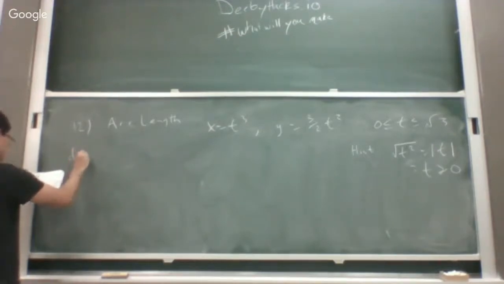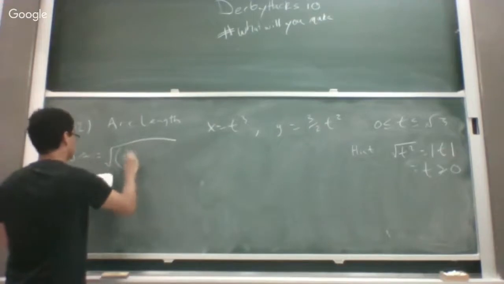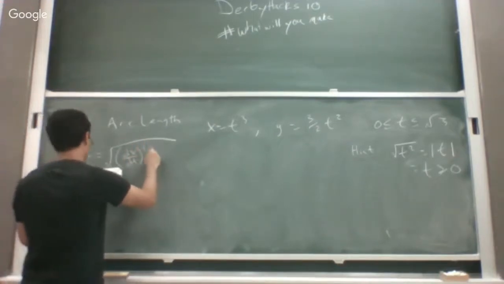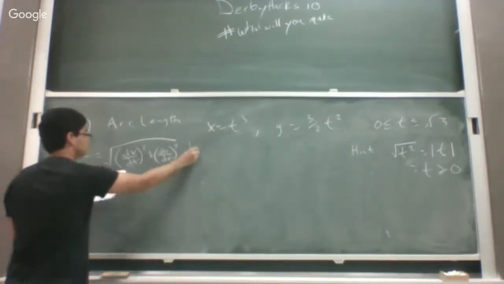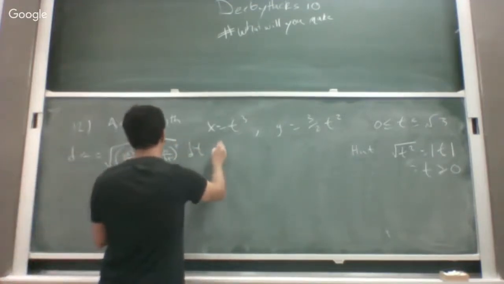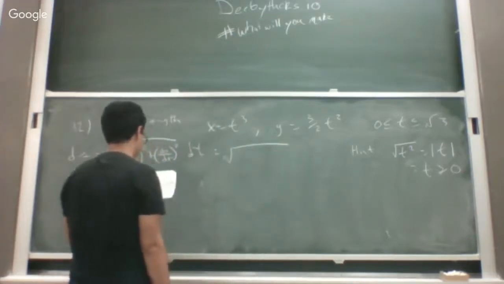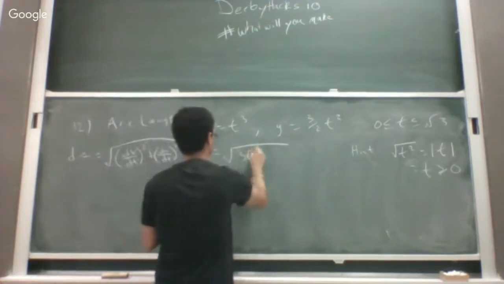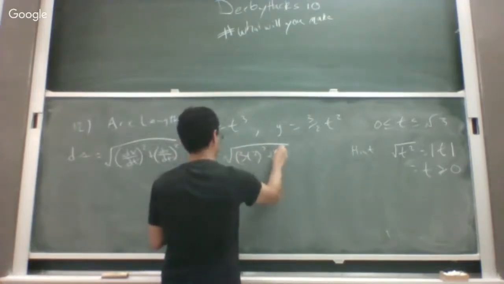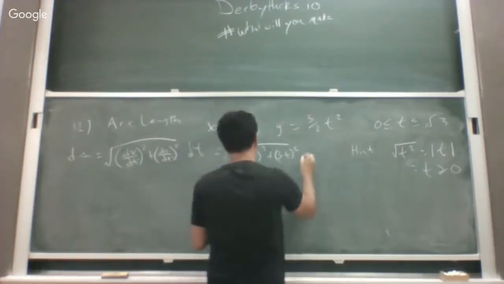Formula for arc length: ds is equal to the square root of dx over dt quantity squared plus dy over dt quantity squared, dt on the outside. The derivative of that is 3t squared quantity squared plus 3t quantity squared times dt.